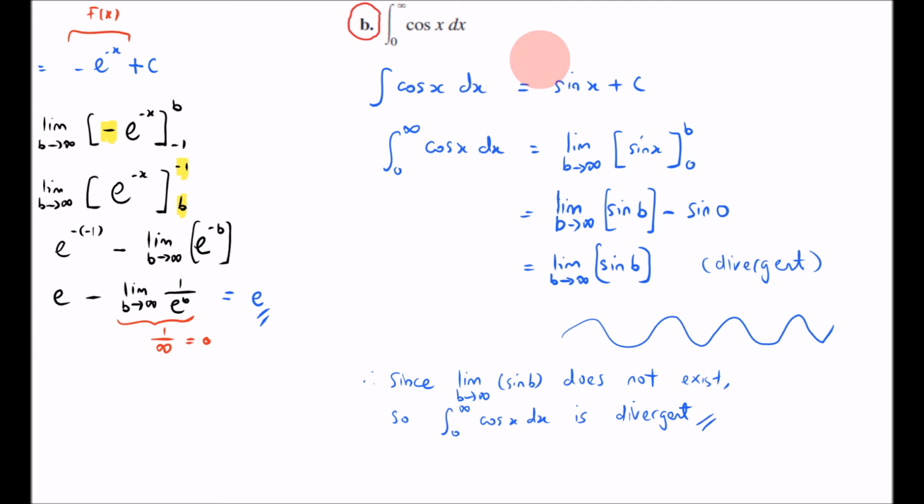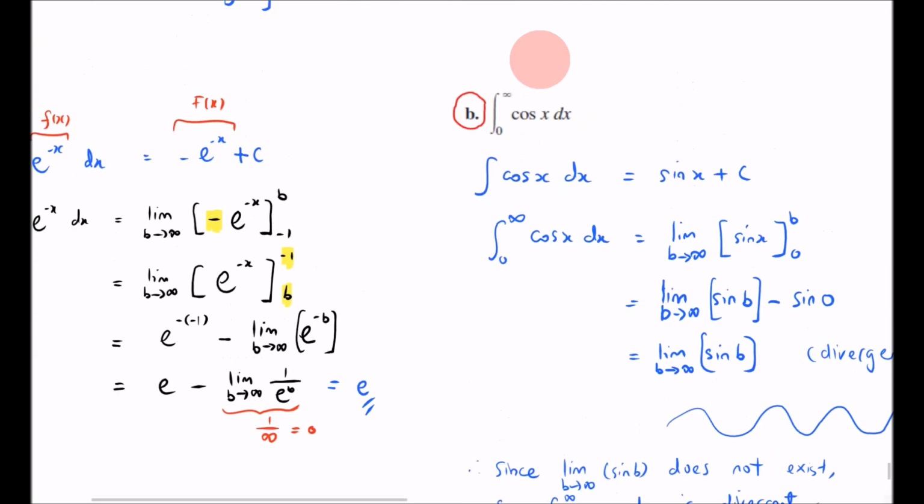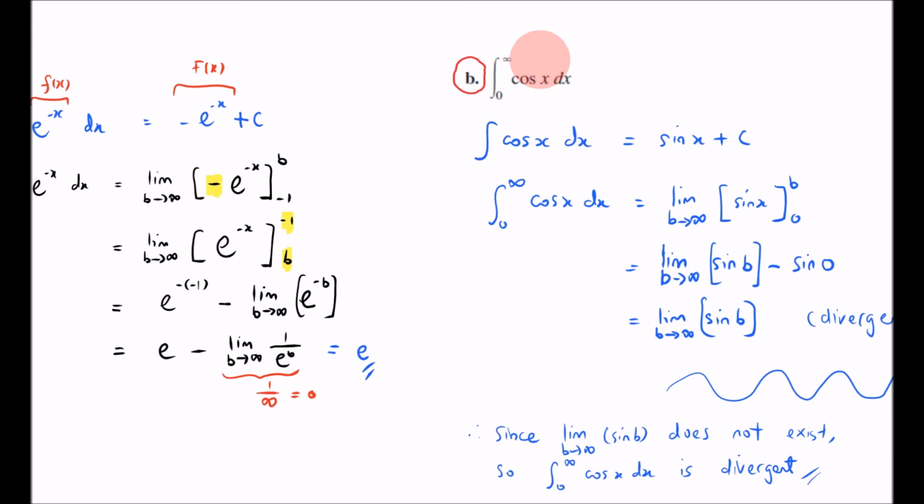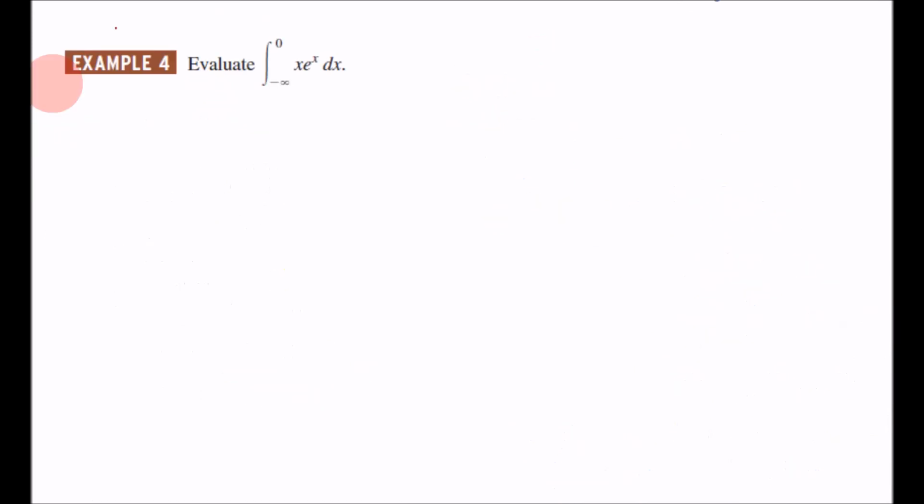Now go to the next example in your slide. This is the last example for infinite interval in your slide. First, same thing, you integrate without the limits. For this you have to use integration by parts.